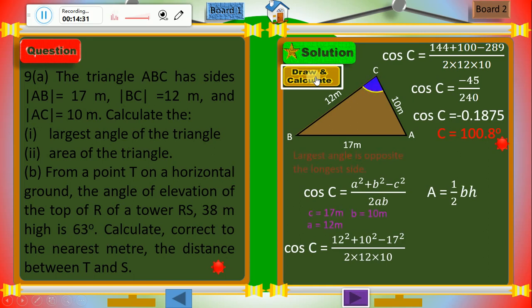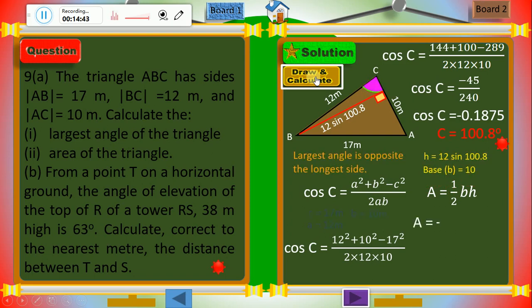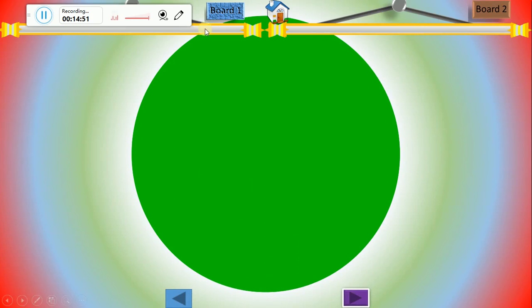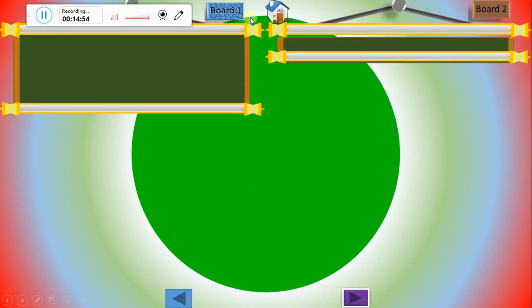That's the formula to calculate the area of the triangle. The height is shown in the diagram now, and that is 12 sine 108.8. So h is equal to that, and the base is equal to that. We substitute to find the area of the triangle. Move to the next slide to get the final answer.